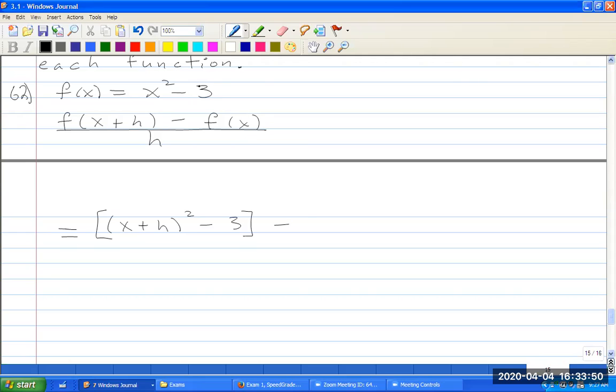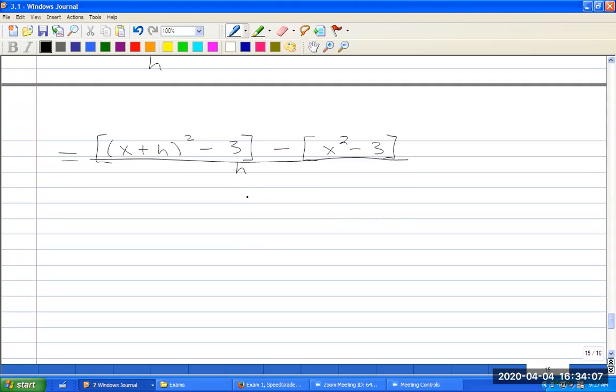In the second term, I'm going to replace x by x, so I just get x squared minus 3. And I'm going to divide by h. So this is f of x plus h minus f of x, all divided by h. Let's simplify this.